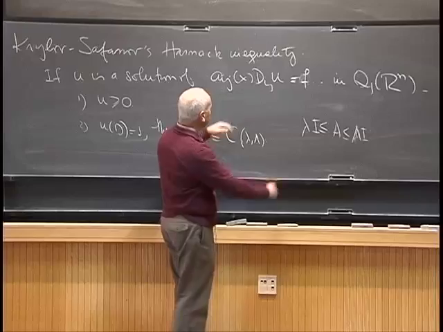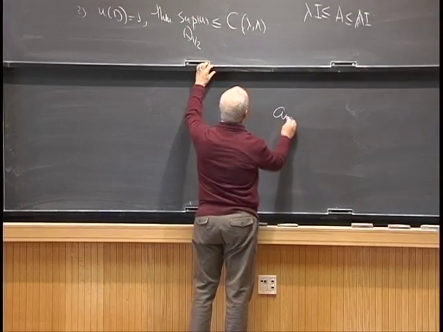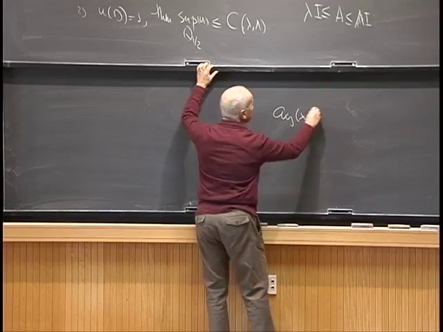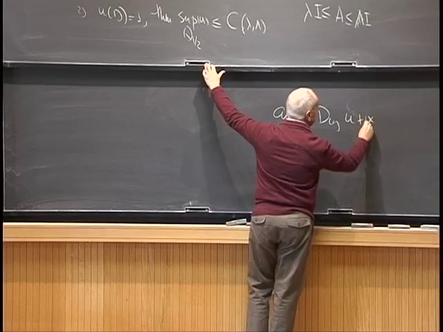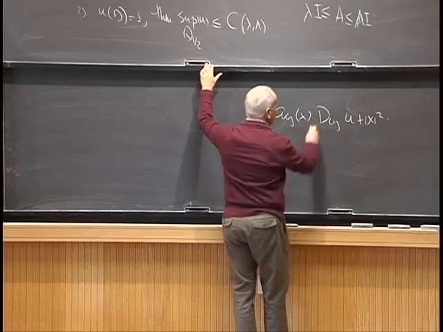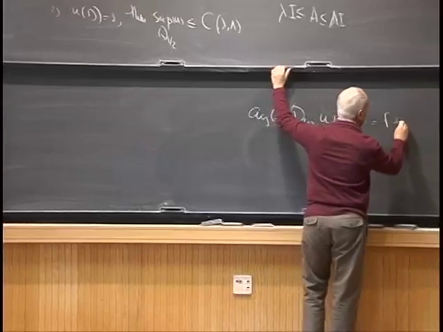In other words, if I do aij(x) Dij of (u + |x|^2), then this is f plus the sum of aii.